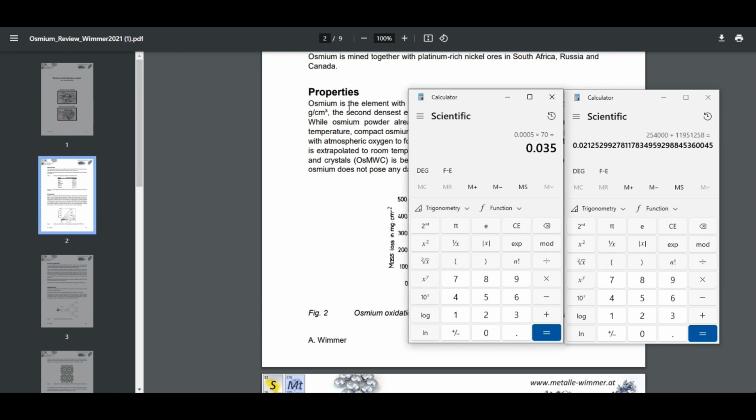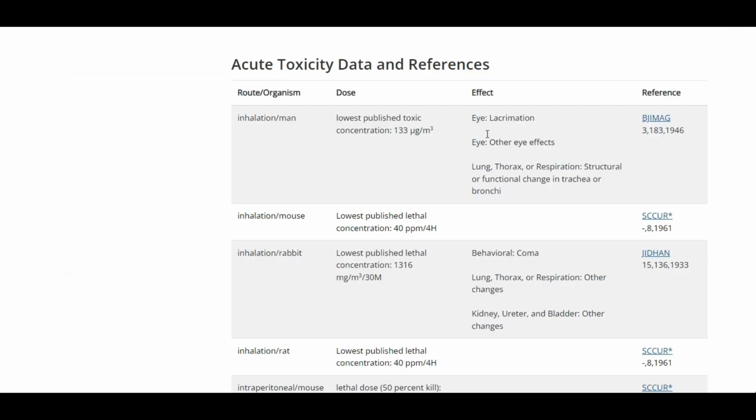But then I wondered, okay, so if this is the lowest published toxic concentration for a human, not necessarily lethal, how much am I being exposed to right now?